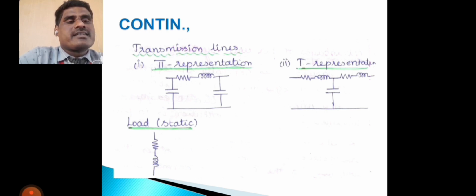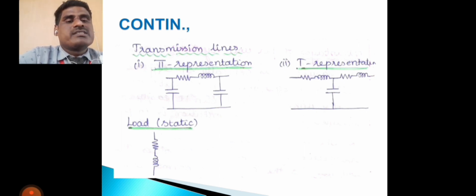How do the names come? Pi representation and T representation are named after their schematic shapes: the pi diagram looks like the symbol pi, and the T representation diagram looks like the symbol T.